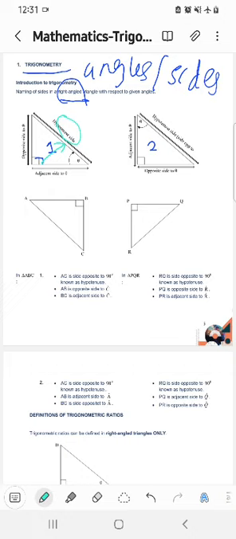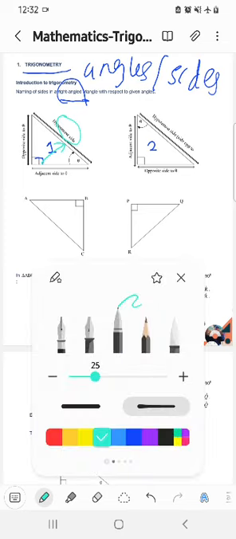Now we have the other two angles in the triangle. The angle is formed between the horizontal line and the other transversal line. So our angle here is given as theta.